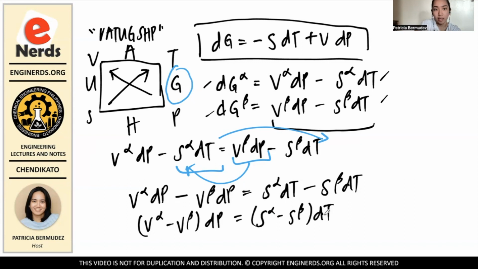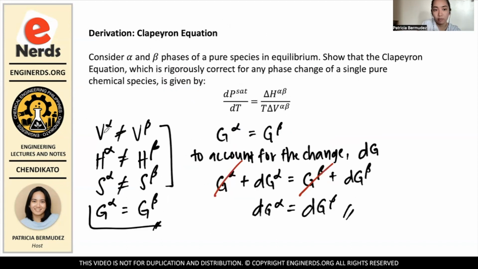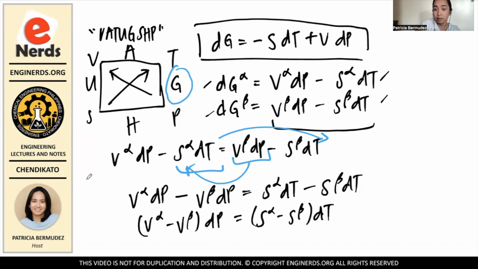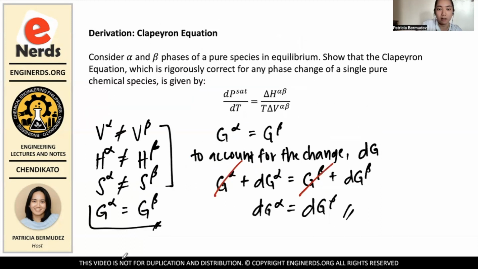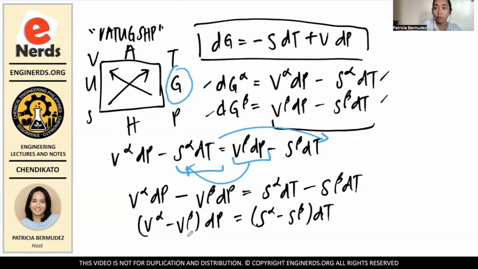And dahil we know that yung volume natin and entropy is not the same, therefore it is not zero. Kasi they have a difference in value, so their difference is not zero. Kasi mag-zero lang yung difference if they are equal. But this one, for this instance, they are not. So we have to account for the changes in both the phases in terms of volume and entropy.